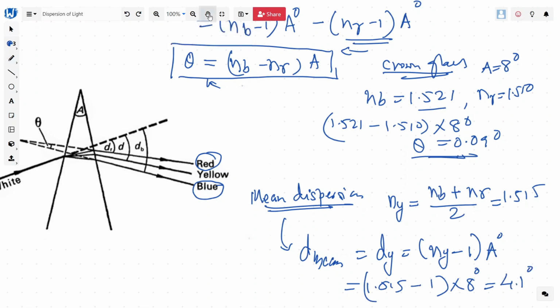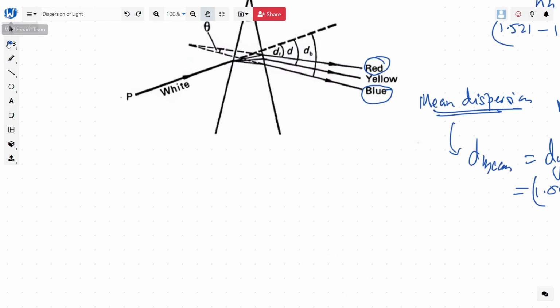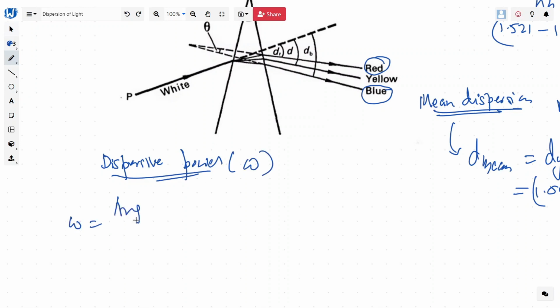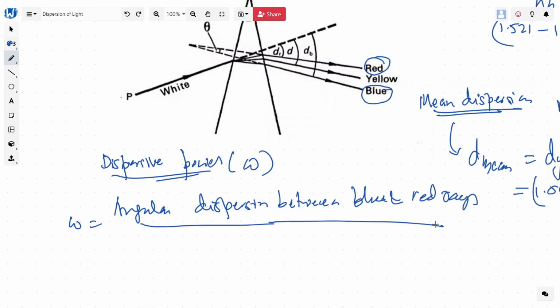Now let's define another quantity, what we call the dispersive power. Okay, so we are going to define another one called dispersive power, denoted by omega, which is nothing but the angular dispersion between blue and red light, divided by the mean deviation.